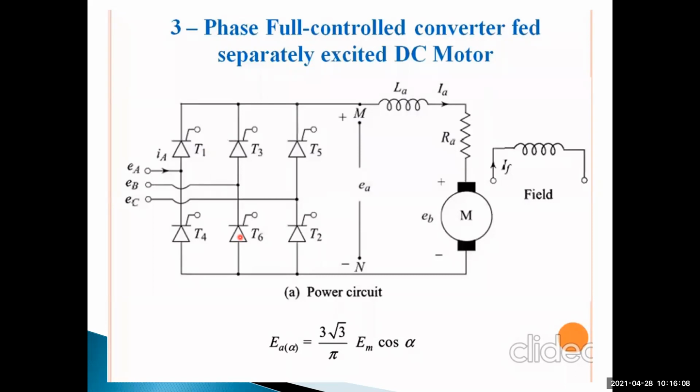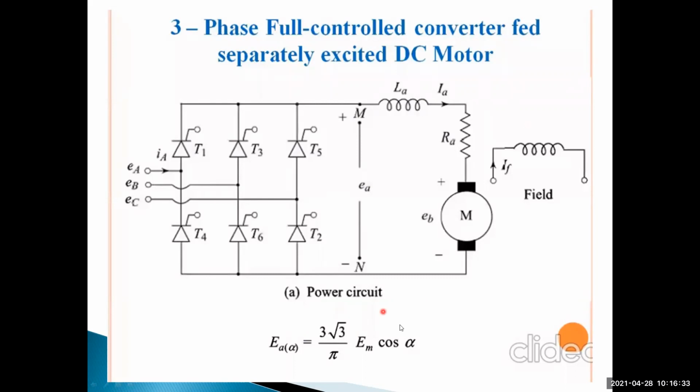Okay, the 360 degrees can be controlled by using all these thyristors. Understood? So this is called the positive sequence. It can be easily understood by using the waveform. Here, you know well, this is the output voltage waveform: 3 root 3 by pi into Em cos alpha for a three-phase fully controlled converter. I think you already studied this in power electronics converters.